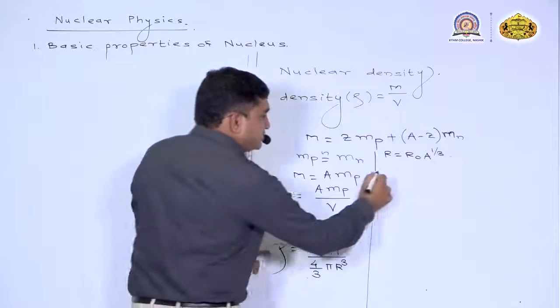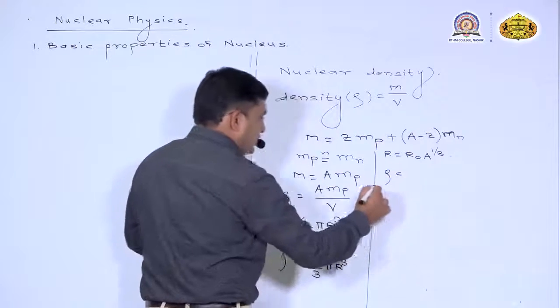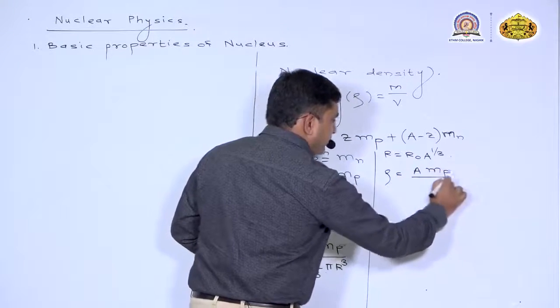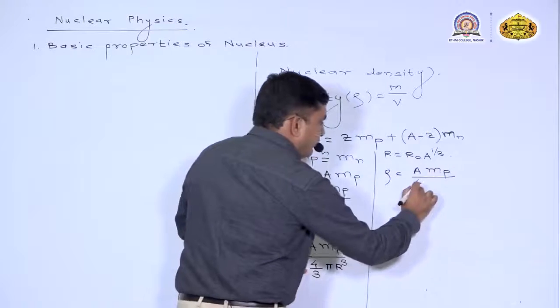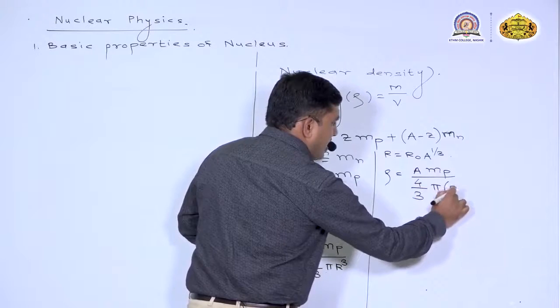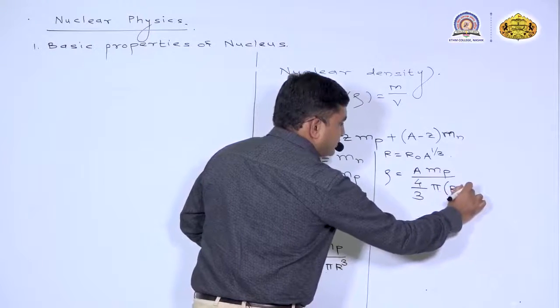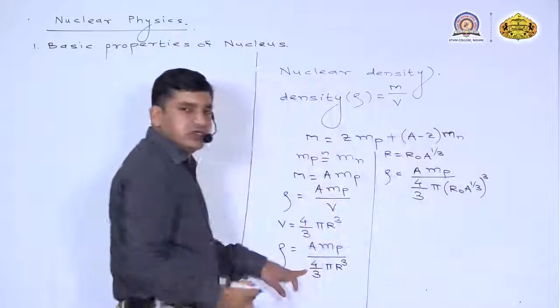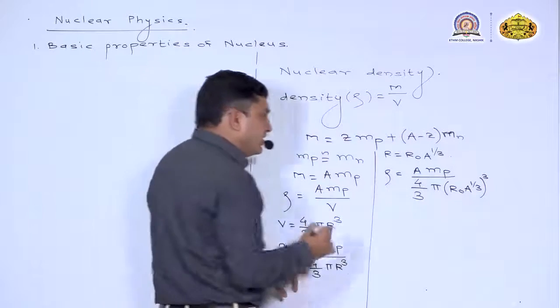Therefore, density rho is equal to A Mp divided by 4 by 3 pi into (R0 A raised to 1 by 3) cube.